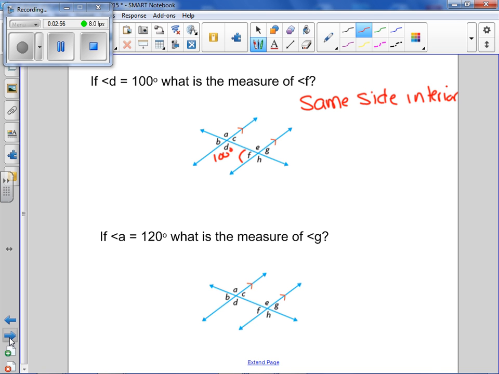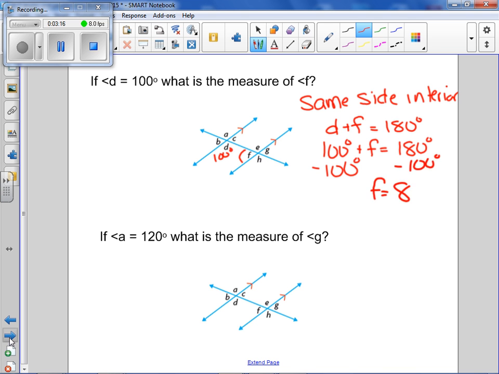That tells me that D plus F have to equal 180. Now I know that D is 100. Therefore, if I want to find F, I subtract 100 to the other side. So angle F is 80.